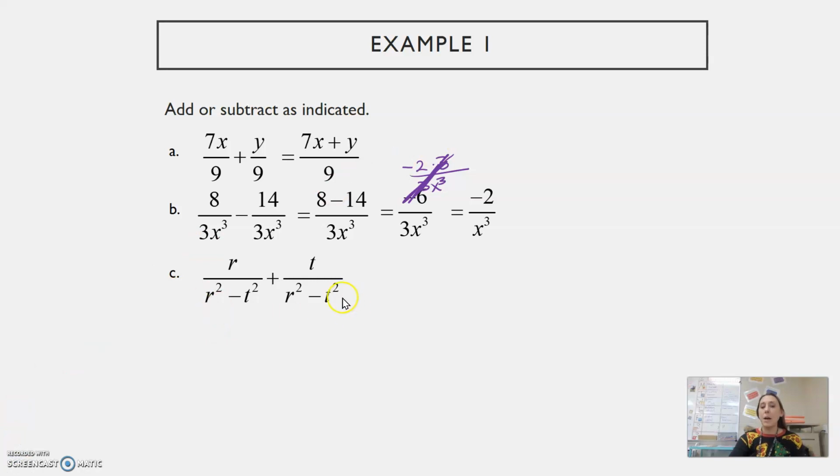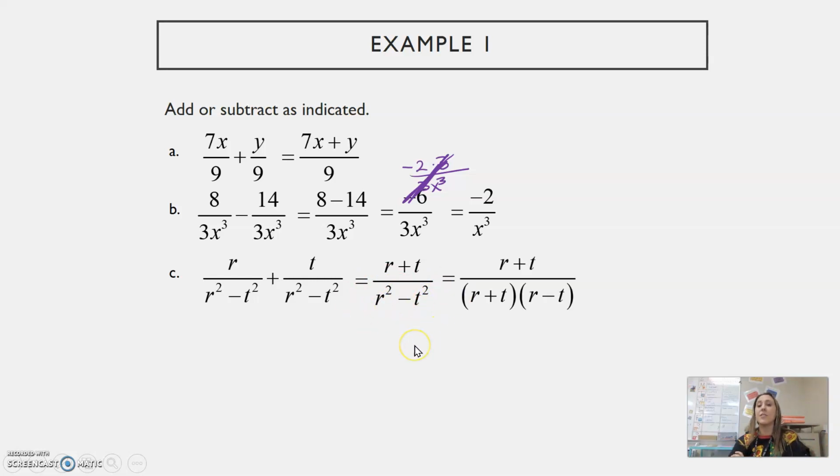Again, the common denominator says that we can combine these. So we're going to get r plus t over r squared minus t squared. Now, r plus t does not factor any further. But r squared minus t squared, well, that's a difference between two perfect squares, so it does factor further. So we're going to end up with r plus t over r plus t times r minus t.